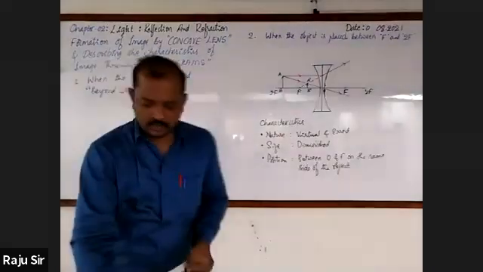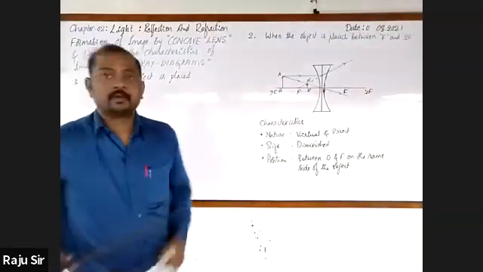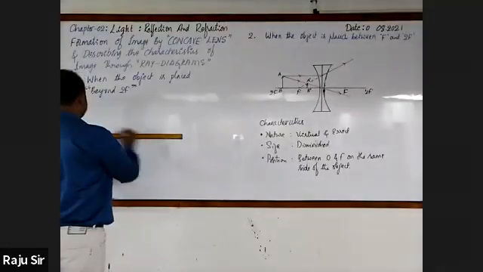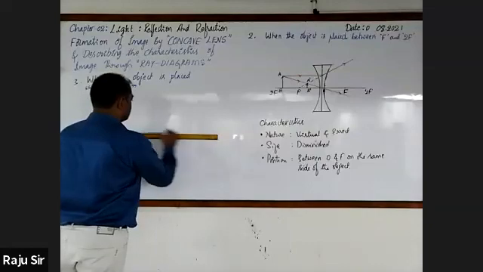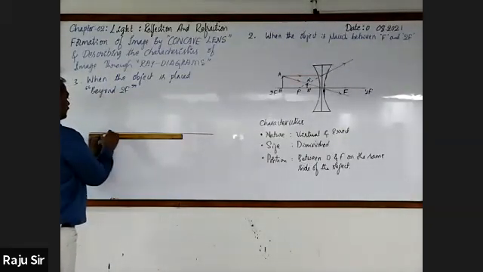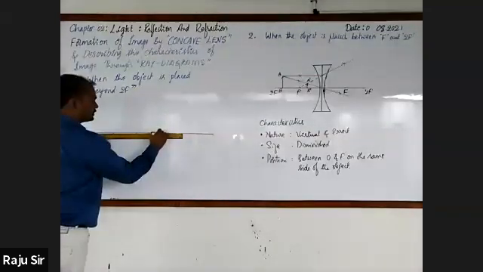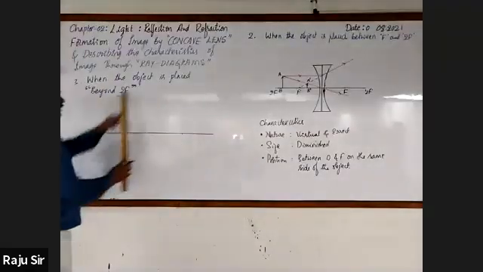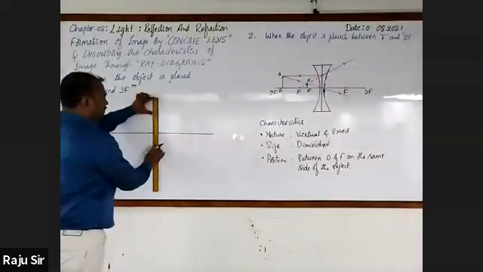First, draw a straight line. This time I'm going to extend this line because the object is to be placed beyond 2F. Go on marking for every 2 centimeters: 2, 4, 6, and 8. Here, not at the midpoint, just extend it to one more point.